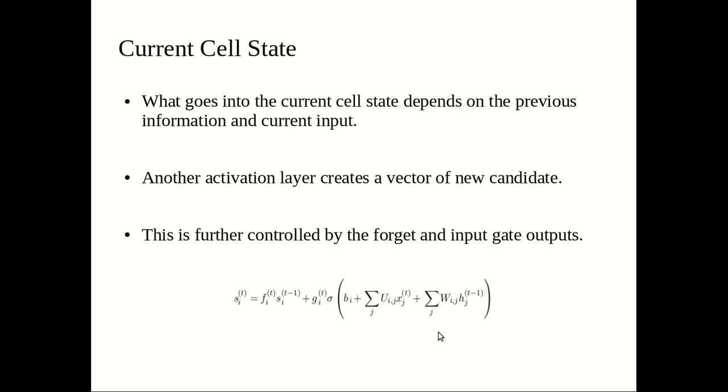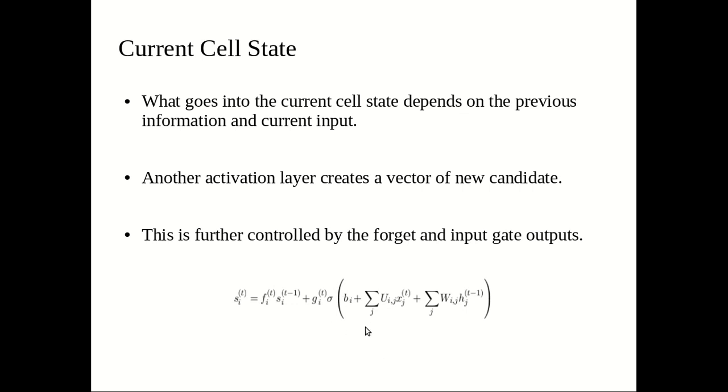The current candidate is computed very similarly to the transformation of the input gate or forget gate. So this is again the input values, and these are the output from the previous time step, and these are the weights associated with them, and this is the bias associated with it, and the activation performed over it.